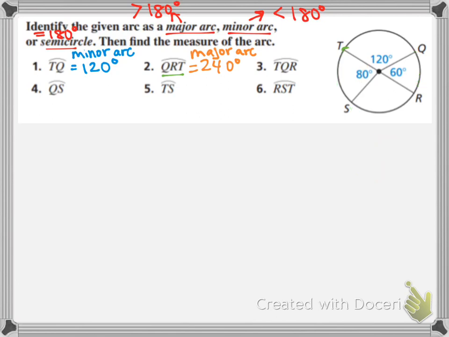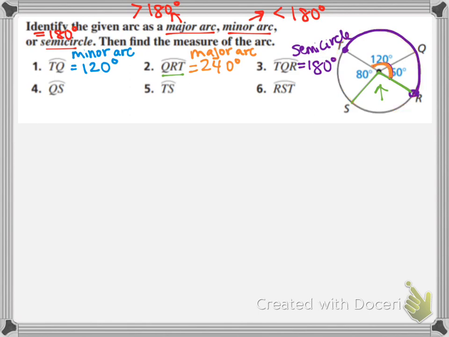This next one, arc TQR. Starting at T, go in the direction of Q, end at R. If you add the central angles 120 and 60, that makes 180 degrees, which is a semicircle. While we know this, we can figure out this missing piece over here. There's 360 degrees around an entire circle.